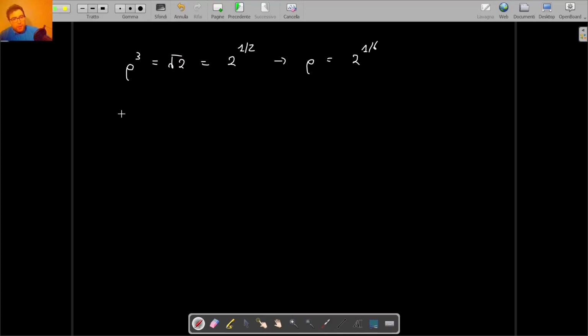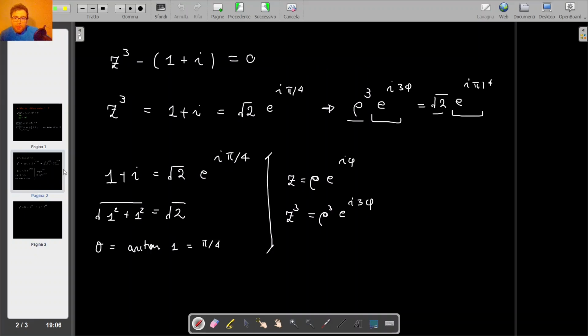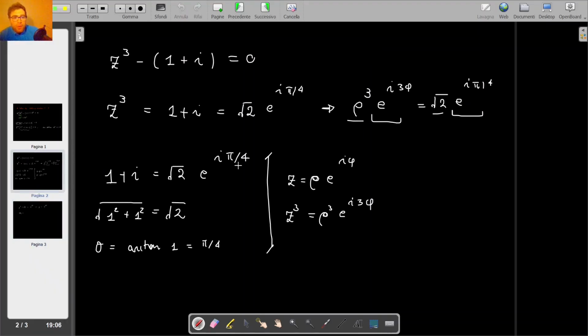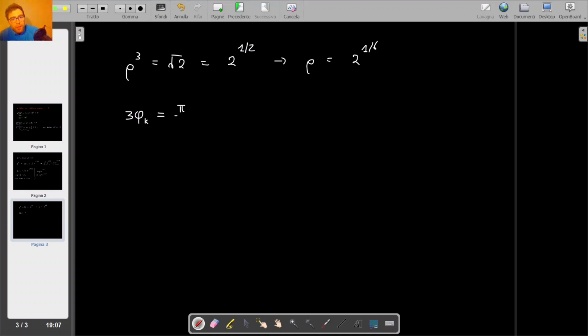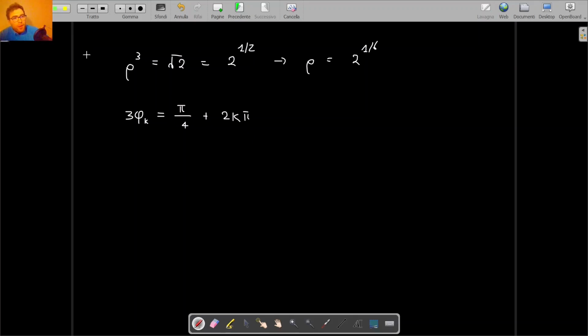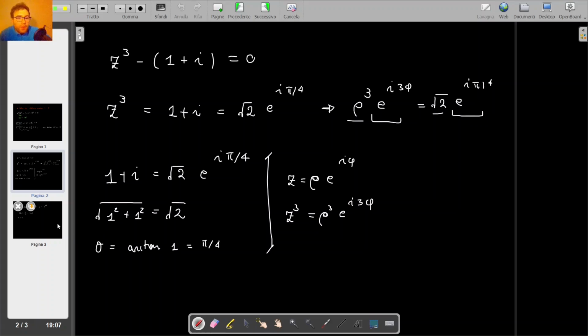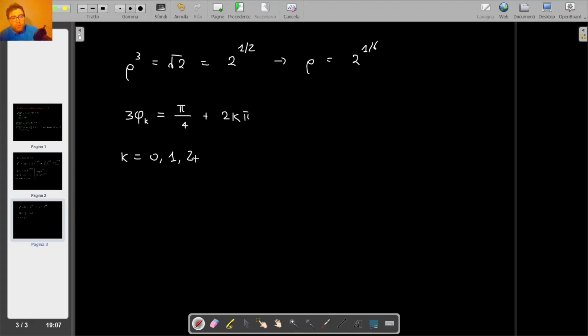And then we have phi. We have that 3 phi, and now I will explicitly write the dependence on the periodicity with this subscript k, is equal to pi over 4 plus 2k pi, and we have to remember that k goes from 0 to 2, since we extracted the third root, so we have 0, 1 and 2.